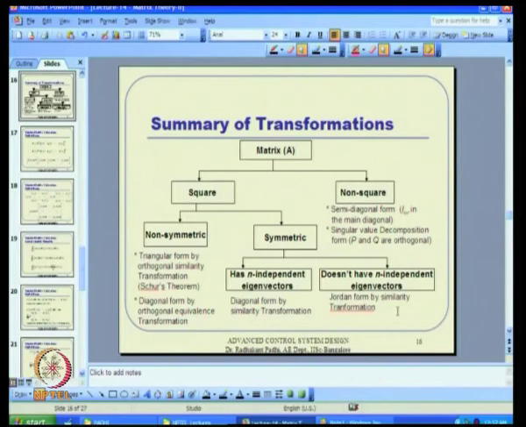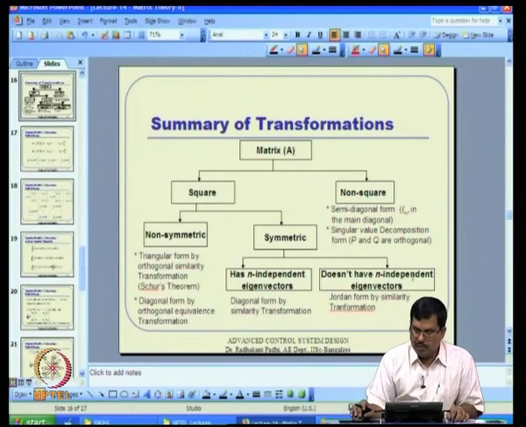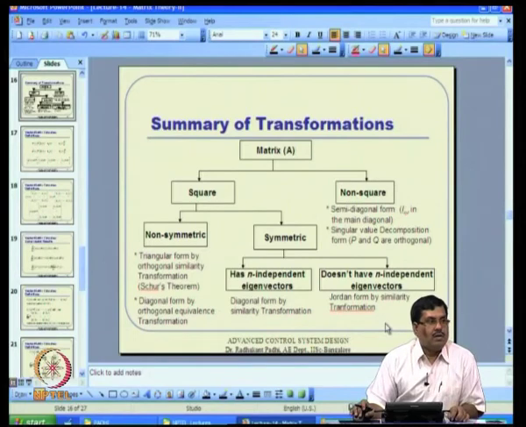Alright. So, this is the summary of what it tells: if I have n independent eigenvectors, I will end up with a diagonal matrix, or if I do not have n independent eigenvectors, I can end up with a Jordan form in general, and this is actually a generalization of the diagonal form. If you really want a Jordan form, then that is where your generalized eigenvectors will lead you.